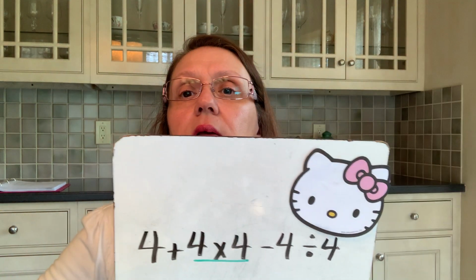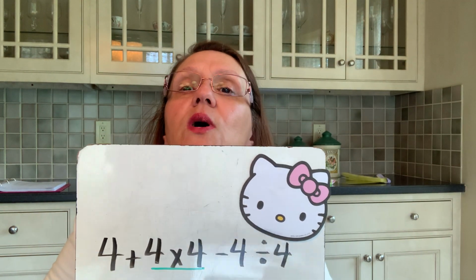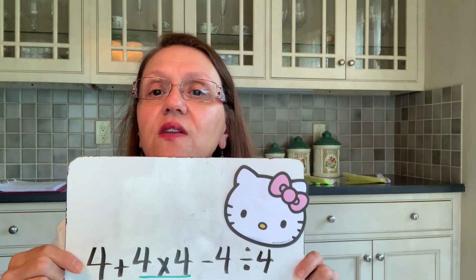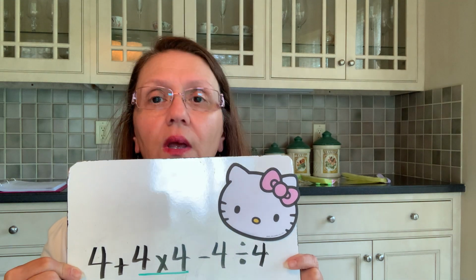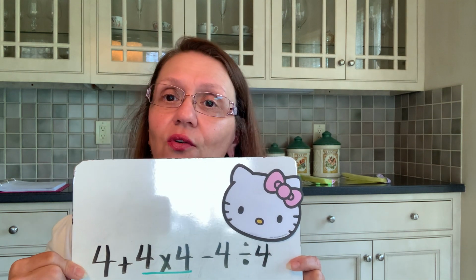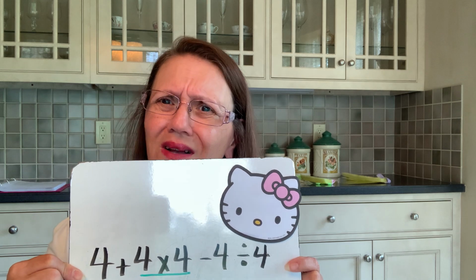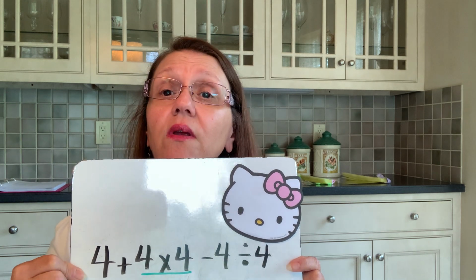So, here's an example of why order of operations is so important. Let's say we have this question. Now we can tell it's order of operations because we have all 4 of the operations in the question, right? So there are many different answers to this question. What? Yeah, totally.